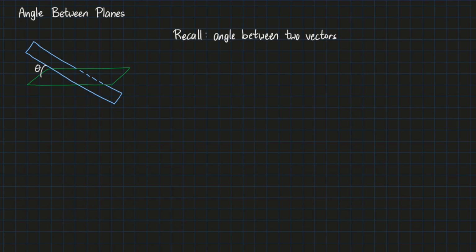If A and B are both vectors and theta is the angle between them, then the equation is theta equals the inverse cosine of A dot B divided by the magnitude of A times the magnitude of B. If we draw normal vectors for each plane, we can call n1 the normal vector for the green plane and n2 the normal vector for the blue plane. The angle between these two normal vectors is equivalent to the angle between the planes.